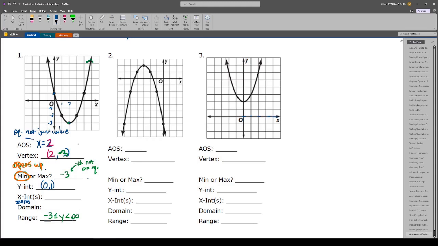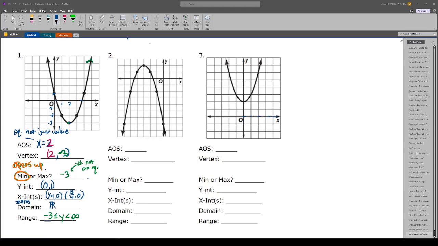We'll talk a little bit later about how to find those exact values, but for right now, we're just going to estimate and say that they're at about 1/4, 0, and at about 3 3/4, so about 15/4, 0. And I promise we will find out exactly how to know what those numbers are a little bit later. Our domain, as pretty much always, is going to be all real numbers.